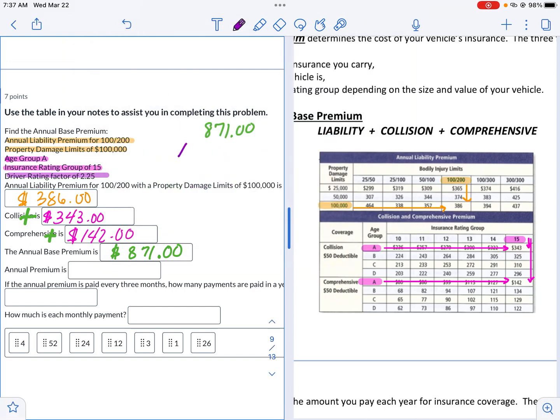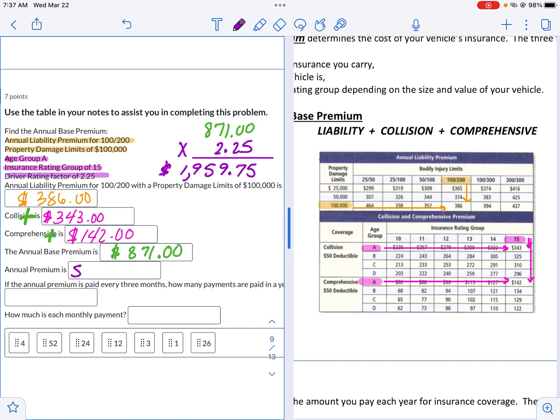I'm going to multiply it by 2.25. And when I multiply it by 2.25, my insurance, because of my poor driving habits and my poor credit score, for 1 year is $1,959.75.